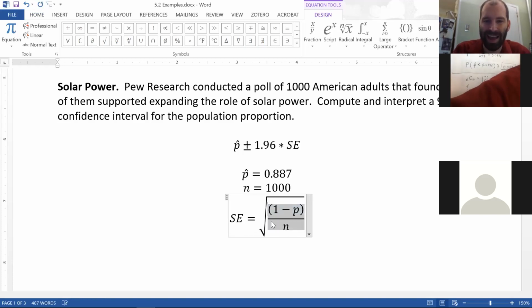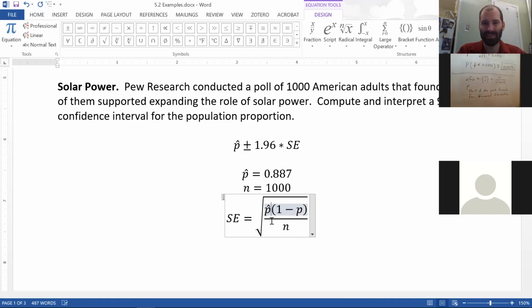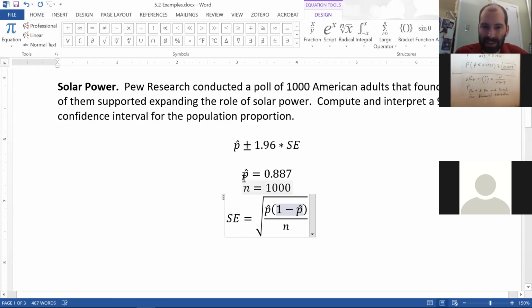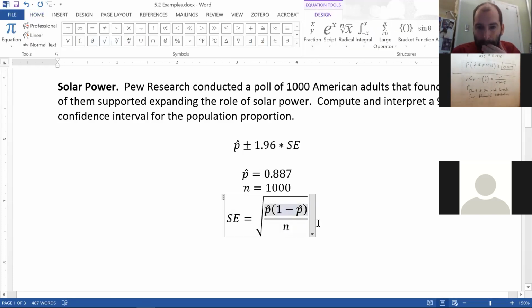That's our best guess. P hat is the thing that we had from our sample. The difference is p hat comes from the sample. P comes from the whole population.